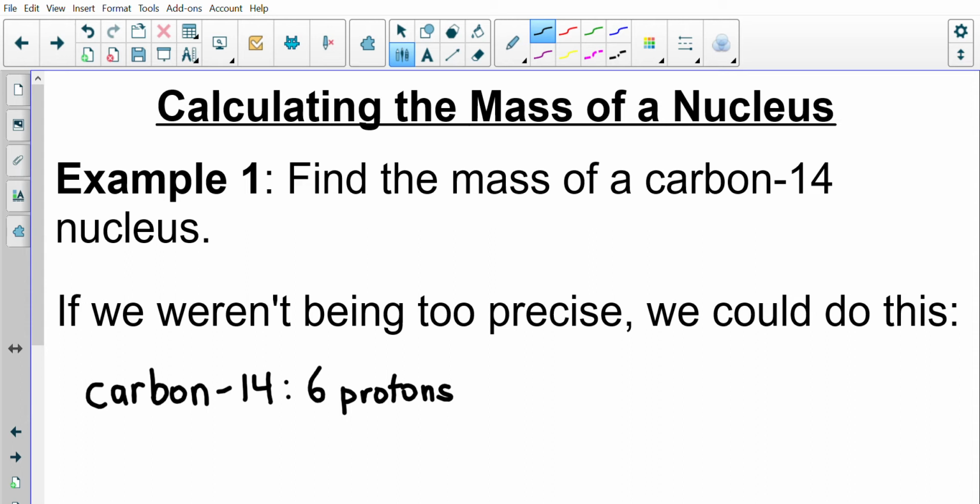And then we would want to know how many neutrons this carbon contains. To get neutrons, we would do 14 minus 6, like we practiced the other day, and we would get 8. So the nucleus of carbon-14 has 6 protons and 8 neutrons.